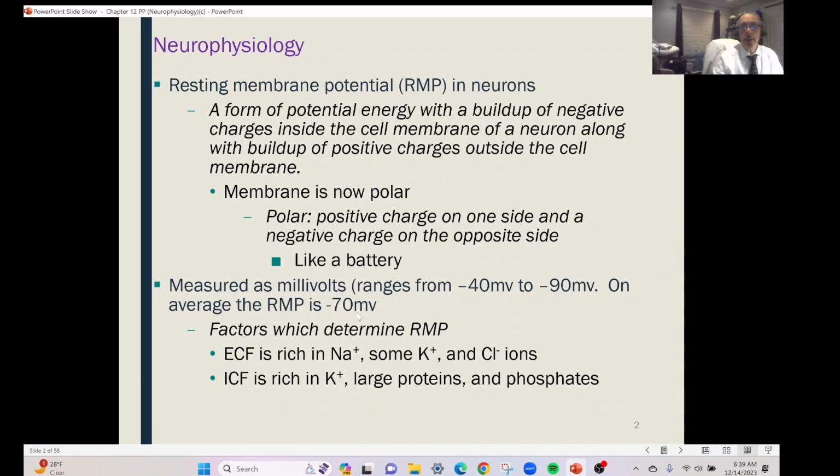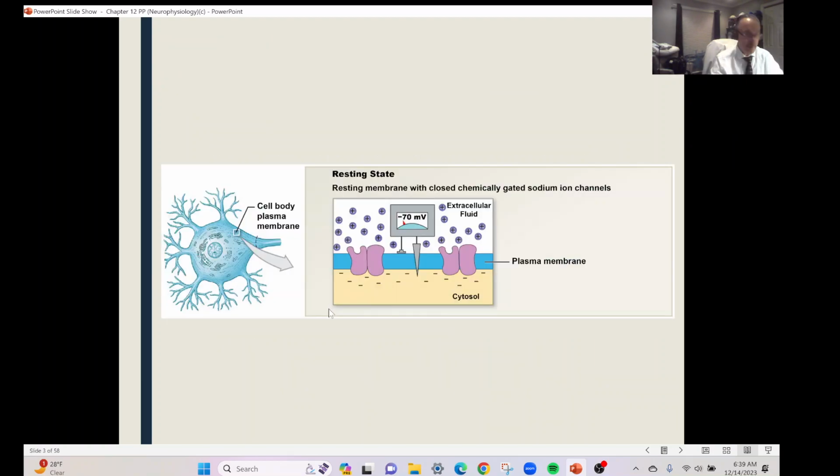minus 70 millivolts. So if you took a volt and you chopped it into 1,000 pieces, milli is 1,000. Took 1 volt, chopped it into 1,000 pieces, and took 70 of those pieces. That would be the strength of our battery. Okay, so I definitely want you to know that number. And by the way, we have to say minus 70 millivolts.